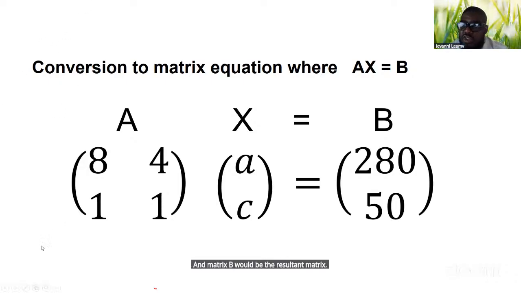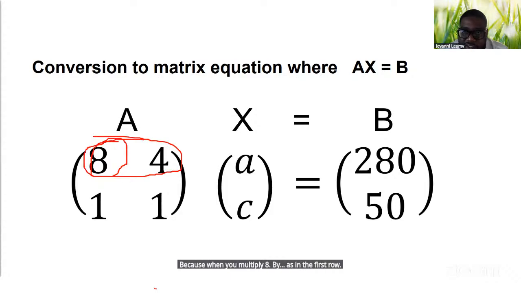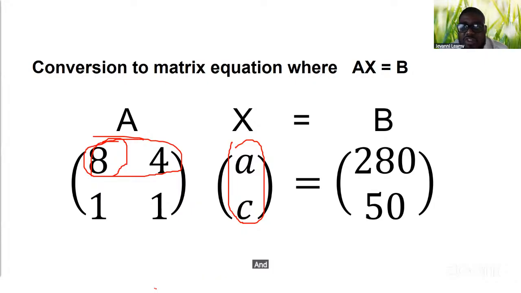And again, you can always check your matrix multiplication. Because when we multiply the first row by the first column, we get 8 times A, which is 8A, and we add it to 4 times C, which is 4C. And what is all of that equal to? 280. That was our first equation.